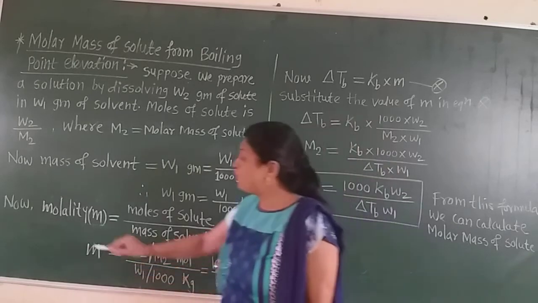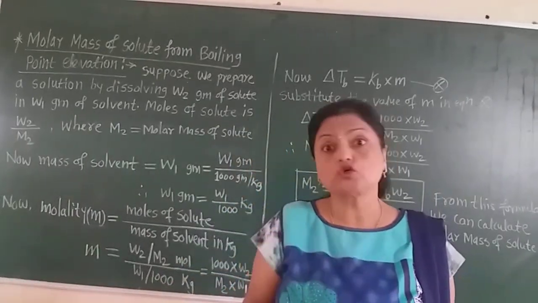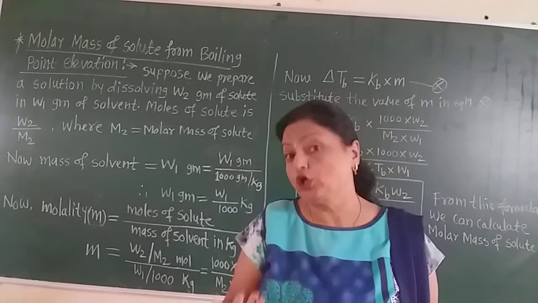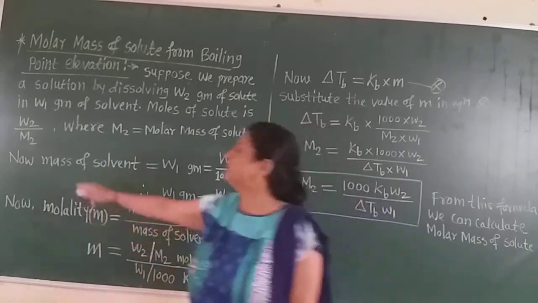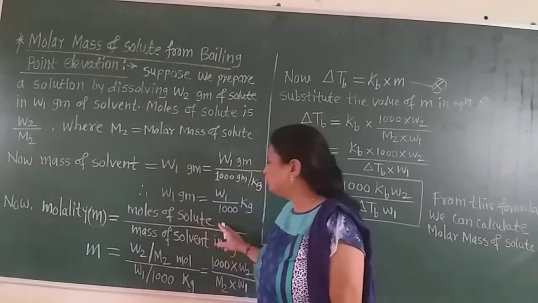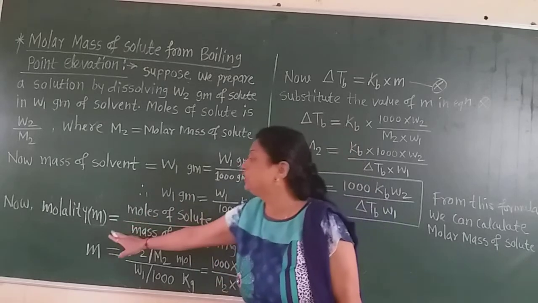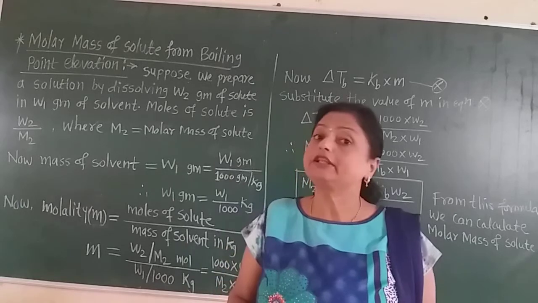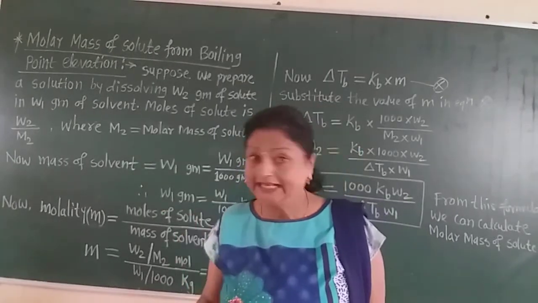Now the molality, we know, is the number of moles of the solute divided by the weight of the solvent in kilogram. The number of moles of solute, N2, is given as W2 divided by M2. So moles of solute divided by mass of solvent in kilogram is the formula to calculate the molality. Here we use concentration in molality because it is temperature independent.